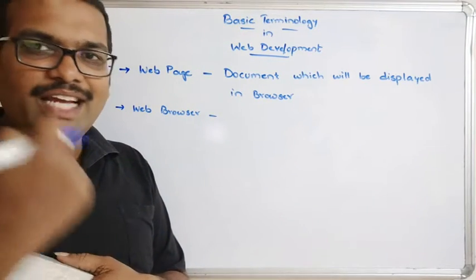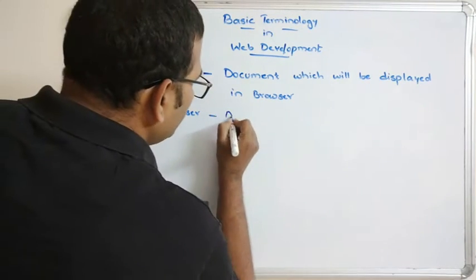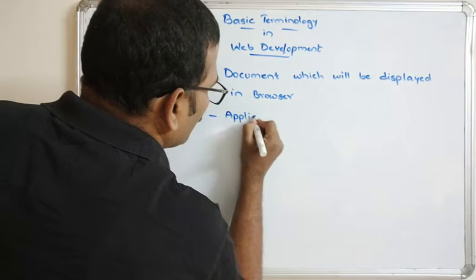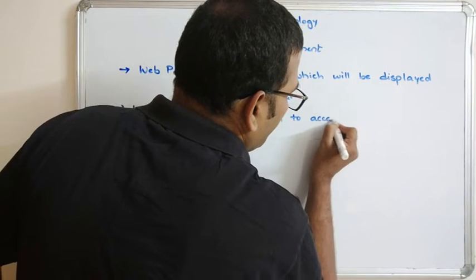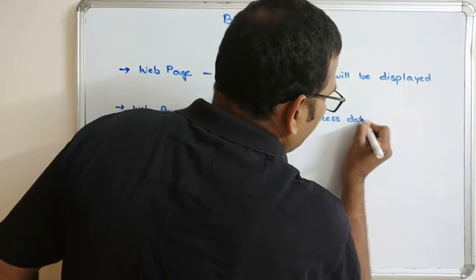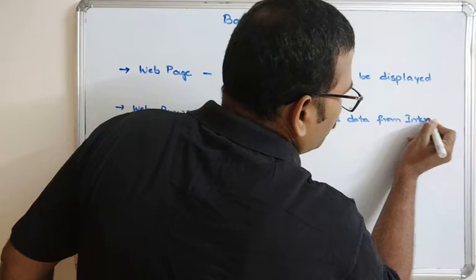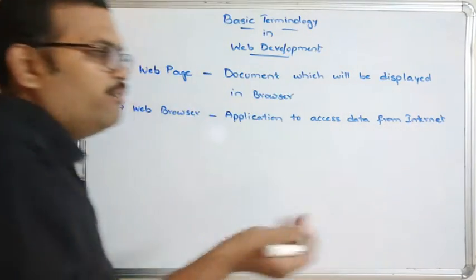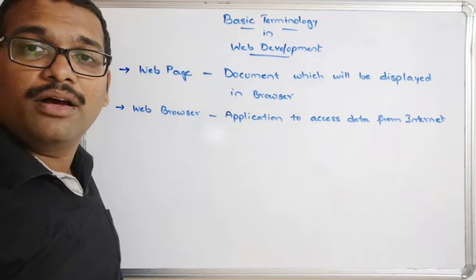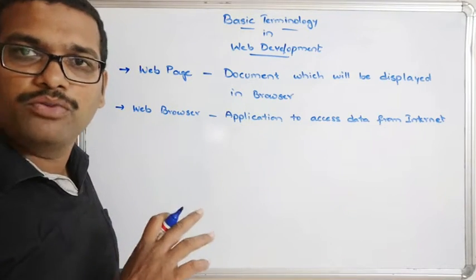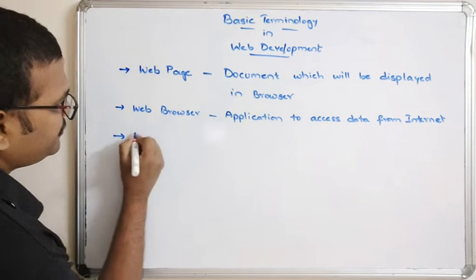Such an application we call a web browser, an application to access data from the internet. Whatever content we are watching on the web browser, we call it a web page.